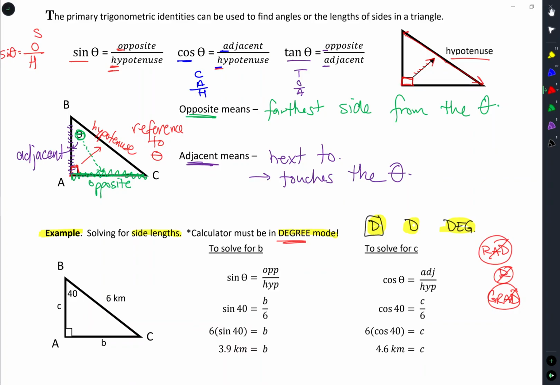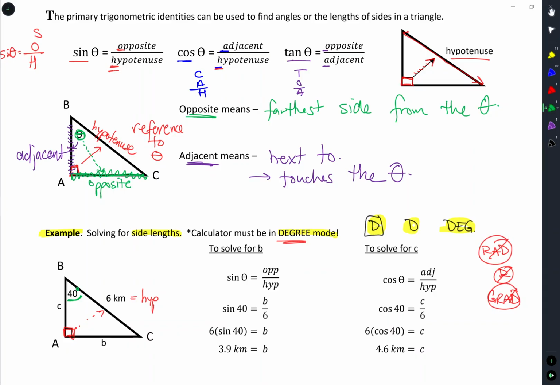So what we want to do is run through this problem a little bit. And while I'm at it, I might as well just set up the triangle so we can understand what's going on here and use this as an example. So again, we've got a right triangle here. So that tells us we can use SOH CAH TOA. Opposite to that right angle, we have the 6 kilometer long side. That's the hypotenuse. Next up, in this top left corner, we have this 40 degrees.